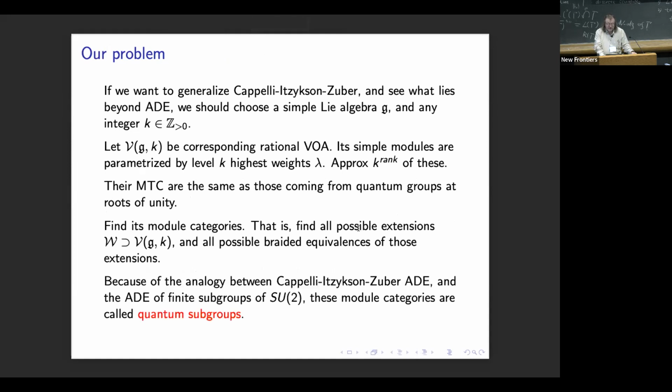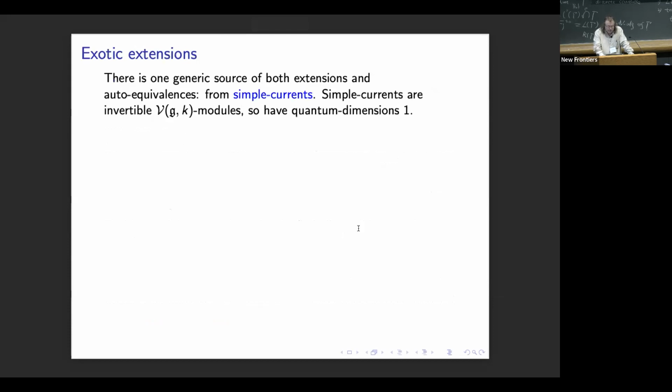What we want to do is find all possible extensions of our Lie algebra VOA, or all possible condensations of our quantum group modular tensor category, and then all possible equivalences of those extensions. Because of the analogy with finite subgroups of SU2, that's where the name quantum subgroup comes from. So instead of being subgroups of SU2, they're sort of subgroups of quantum groups, sort of, not really, but okay.